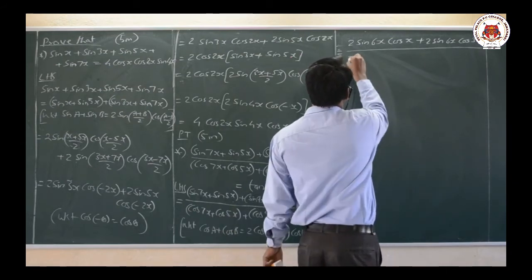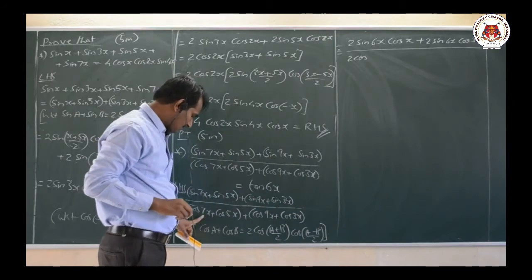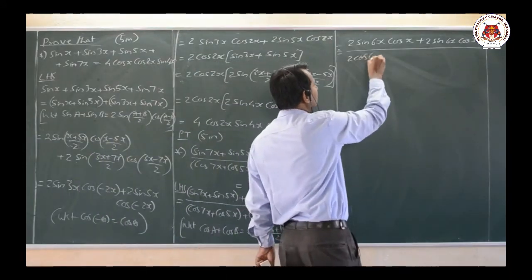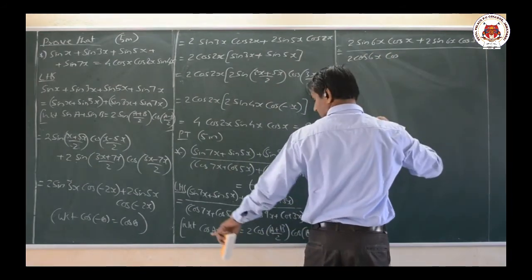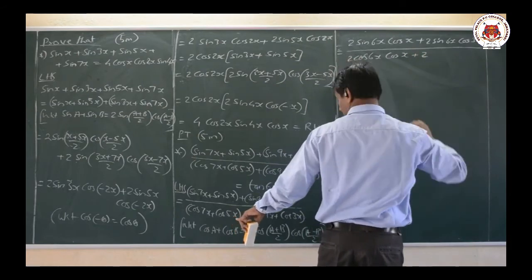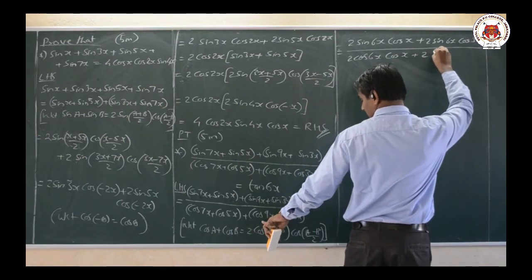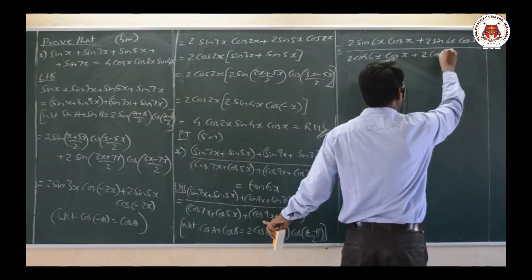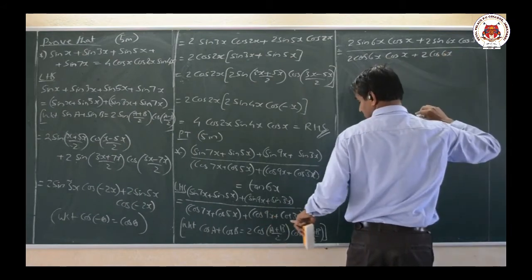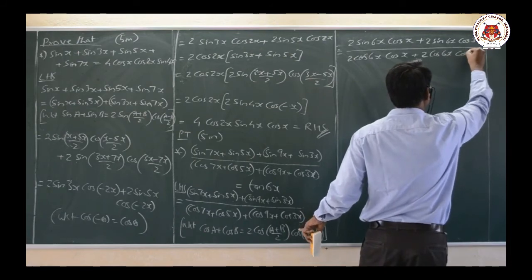What we get is 2 cos of (7 plus 5) by 2, that is 6x, into cos of (7 minus 5) by 2, that is x, plus 2 cos of 12x by 2, that is cos 6x, and next 9x minus 3x, that is 6x by 2, that is cos 3x.